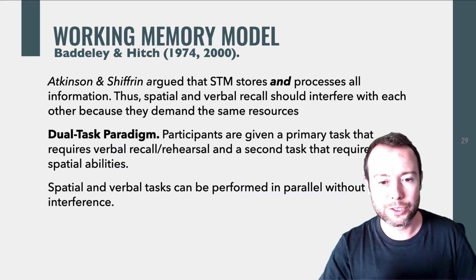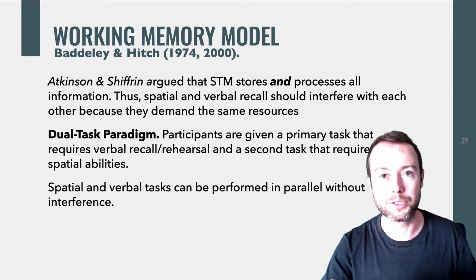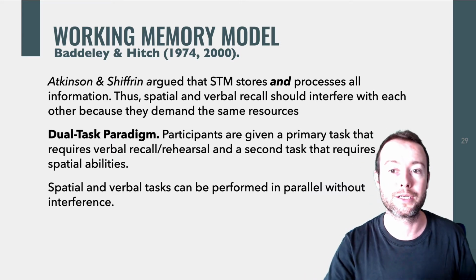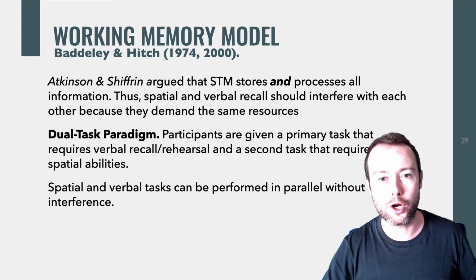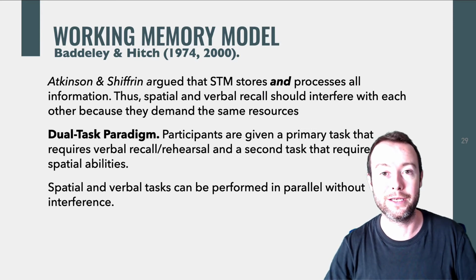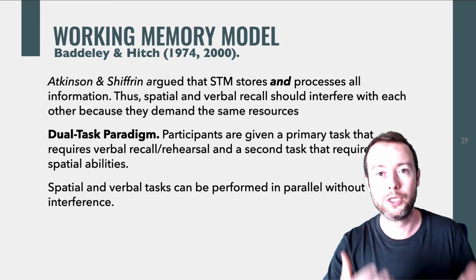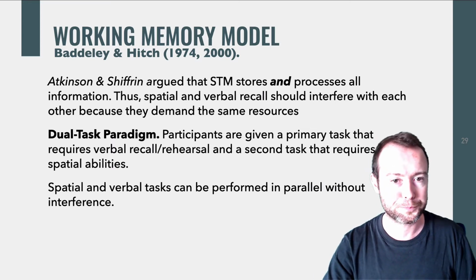So this leads to a testable prediction: if you ask someone to perform two concurrent tasks that involve verbal and spatial processing, then according to Atkinson and Shiffrin, performance should be impaired, if we assume that they involve the same short-term memory resources and interfere with each other.